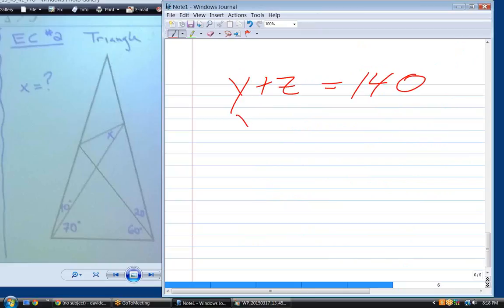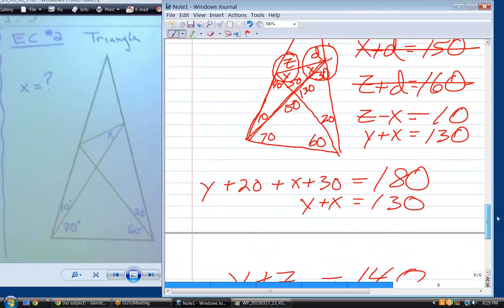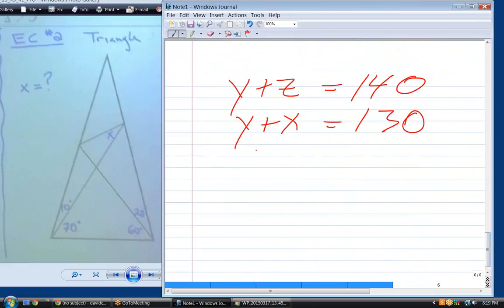We have y plus x equals, what was that, 130? And our third equation is z minus x equals 10. Now that follows from those first two equations. If I merely subtract equation 2 from 1, I get z minus x equal 10. So that's not a third independent equation.